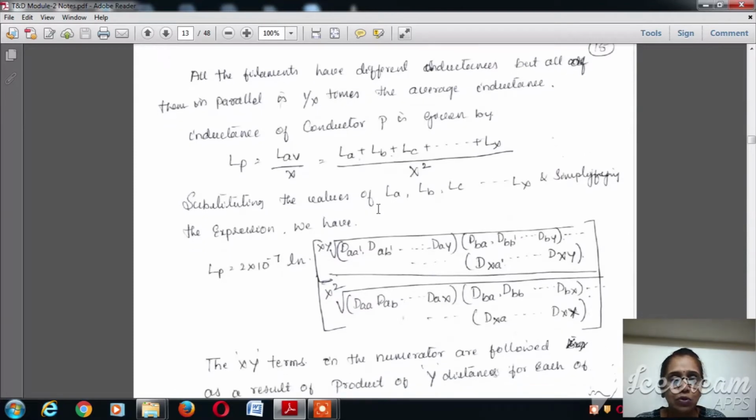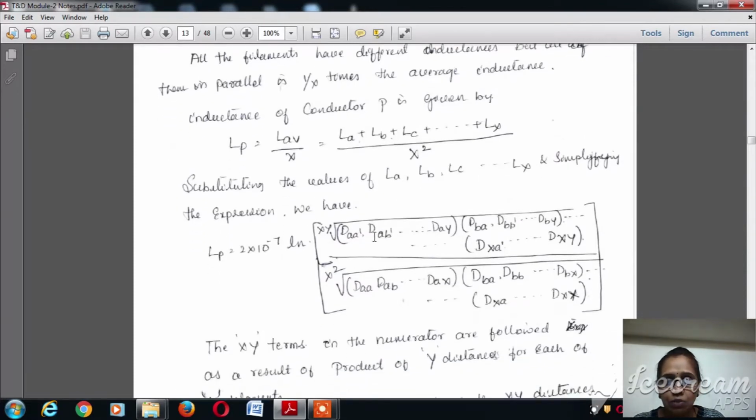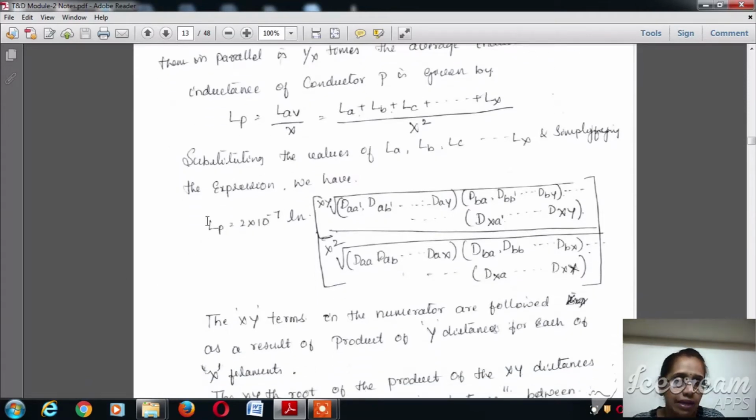Now substituting the values of LA, LB, LC up to LX and simplifying the expression, we can write the expression for the composite conductors.